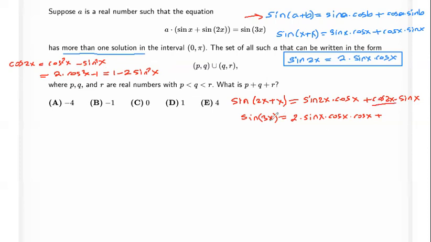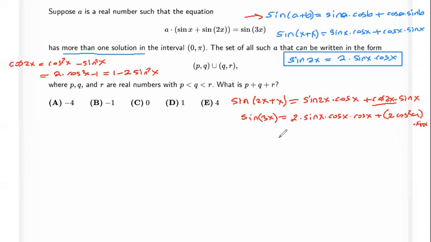So we have sine 3x is equal to something. On the left side, we have sine x times cosine squared x. So maybe we should write this in terms of cosine, which is 2 cosine squared minus 1. So I write 2 cosine squared x minus 1 times sine x.